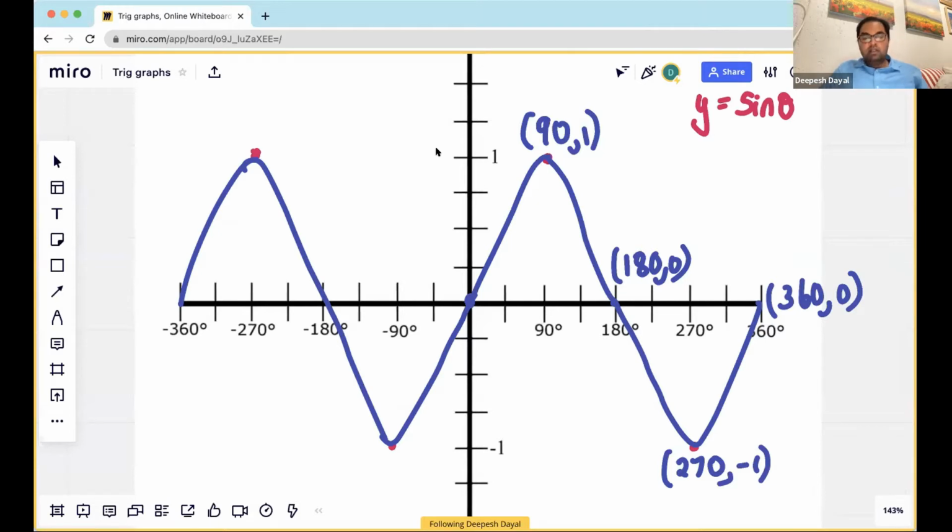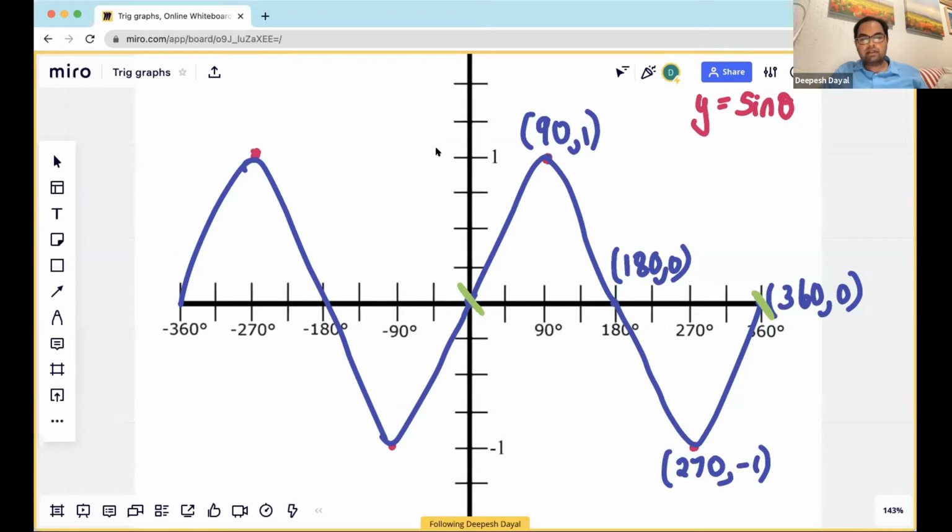Okay. So how many degrees do you think it takes to complete one full graph? How many degrees does it take to complete one full graph? Yes, that's right. So from here to here would be one full graph. It's 360 degrees, right?